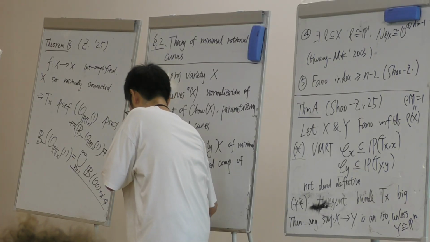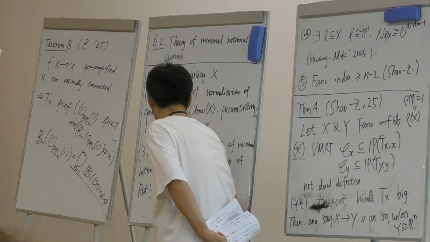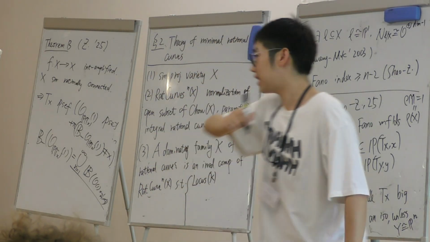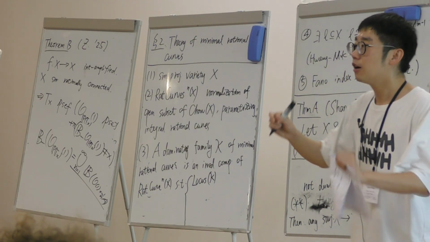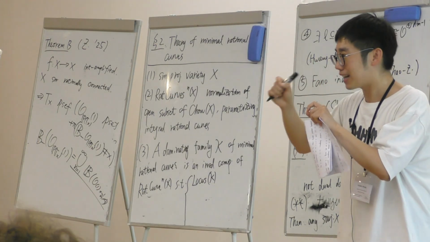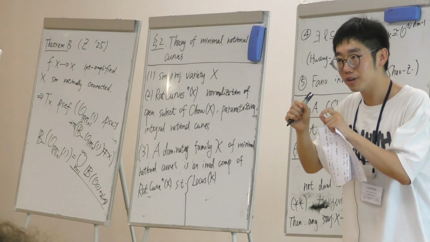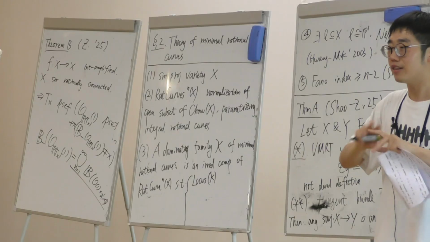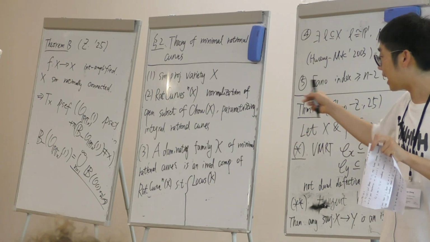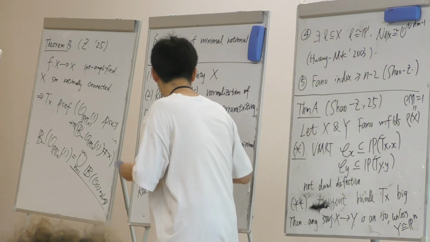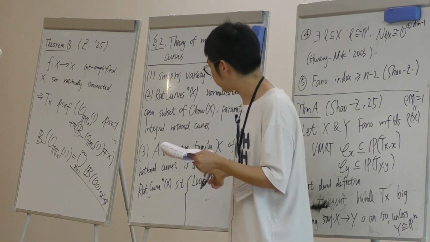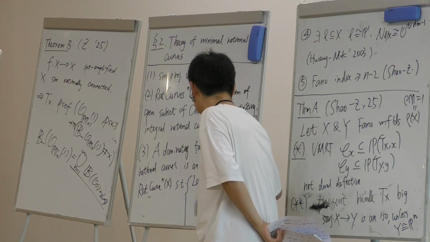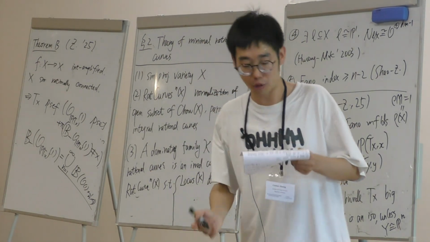So what's the meaning of the locus of K? The locus of K means for every element in this K, it represents a rational curve, and you collect all of those rational curves in this X, then it should be dense in X. So the locus swept out by curves from K is dense in X. This is the meaning of dominating.